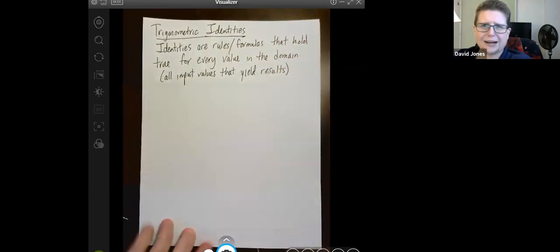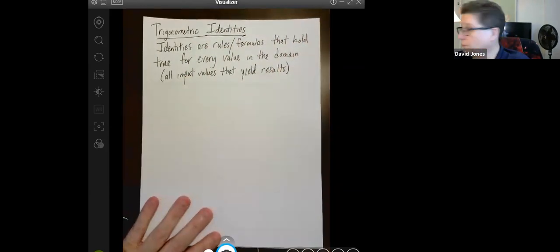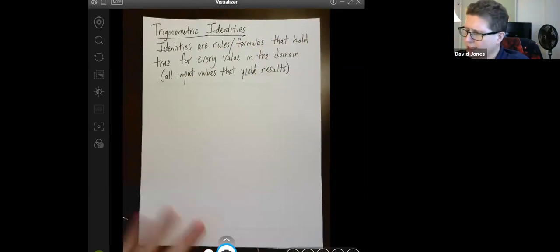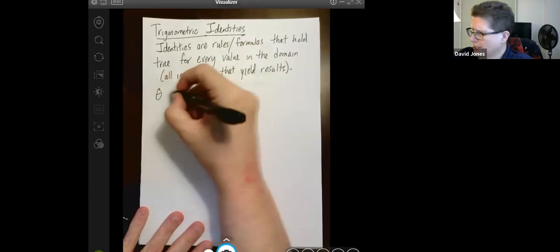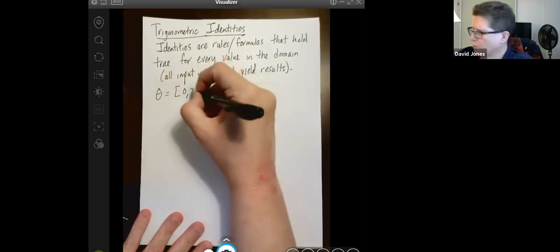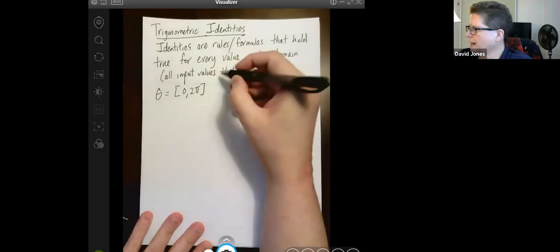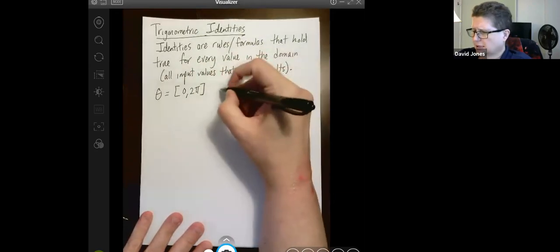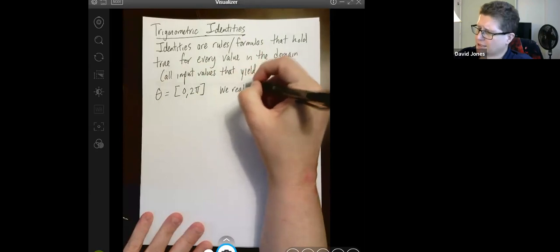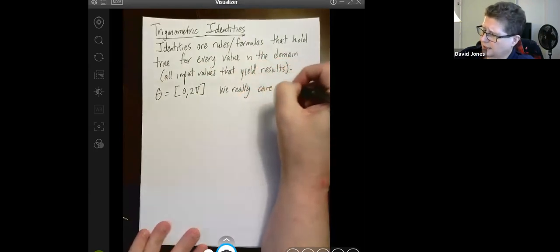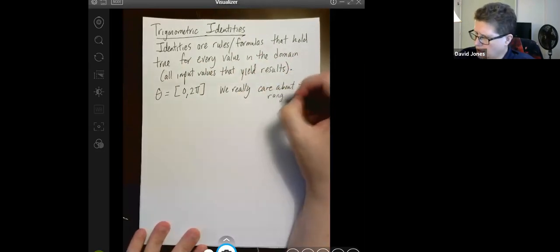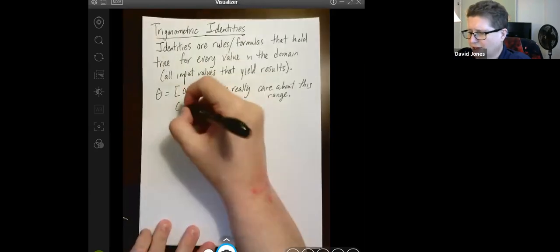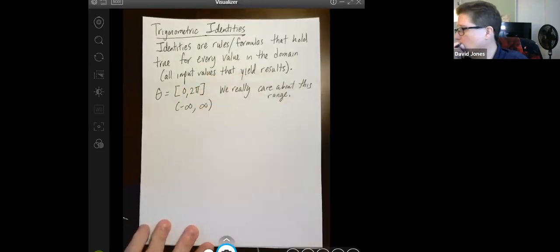In algebra, this was our x values, and y values were our output or the range. Same here. So identities hold true for every value in the domain. And here we're going to be using theta. We're going to use 0 to 2 pi. Those are the ones we really care about, the least positive ones. In general, negative infinity to infinity is usually all numbers that work.